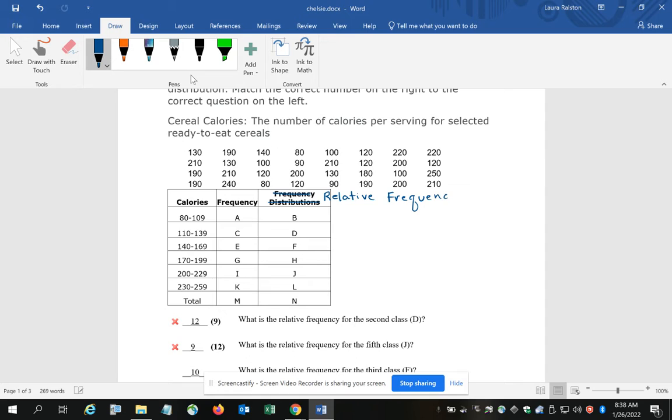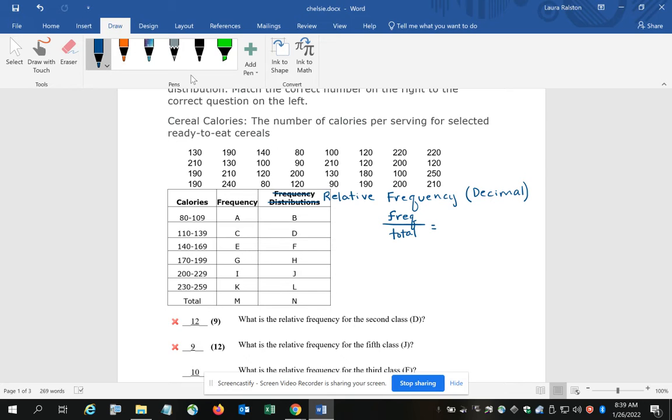And in these problems, relative frequency is written as a decimal. It can actually be written as a decimal, a fraction, or a percentage. Remember, to find the relative frequency, you take the frequency divided by the total, and that gives you your decimal value. If you want it to be a percentage, you multiply it by 100%.